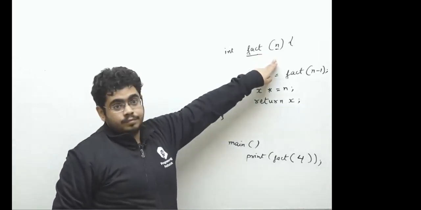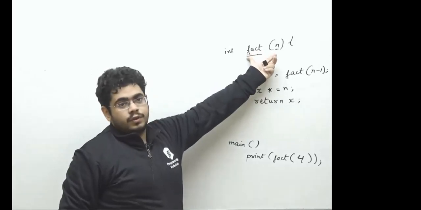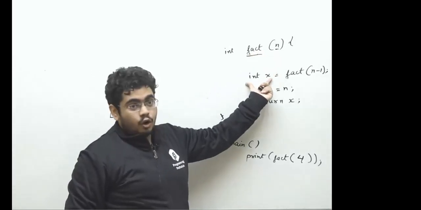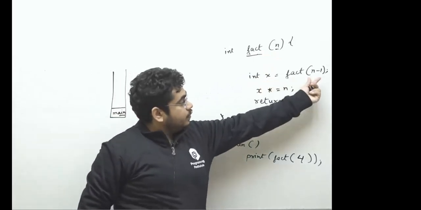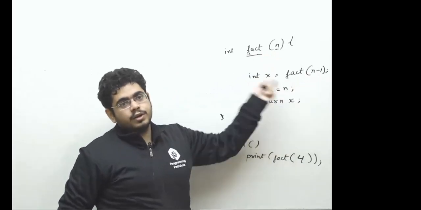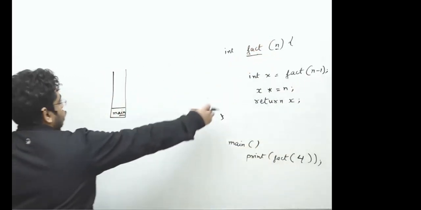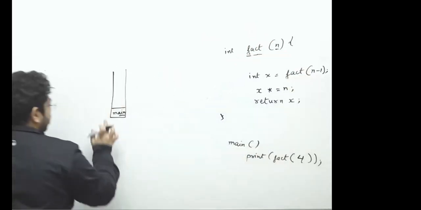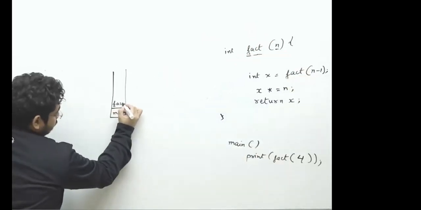Everyone? Factorial of 4. Then I'm saying calculate and call factorial of 4 minus 1, which is what? 3. So call factorial of 3. So the factorial of 4 has called factorial of 3. So in a way, factorial of 4 is pushed here.